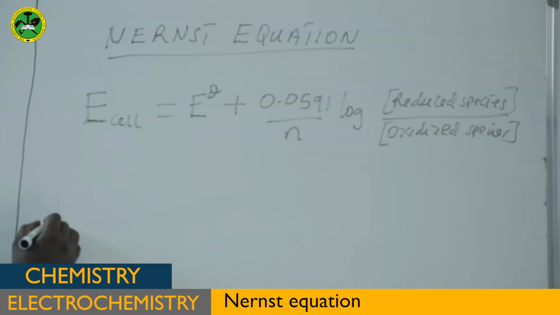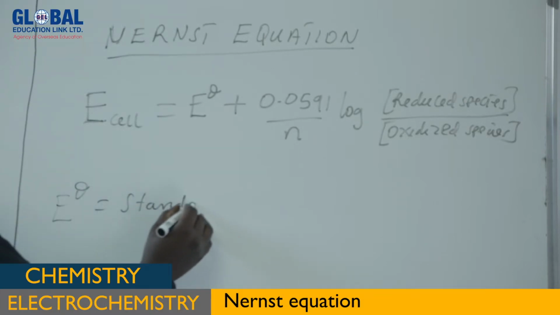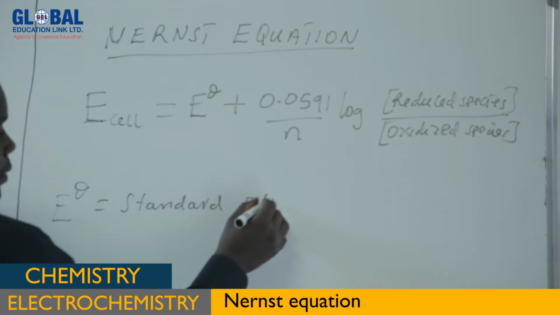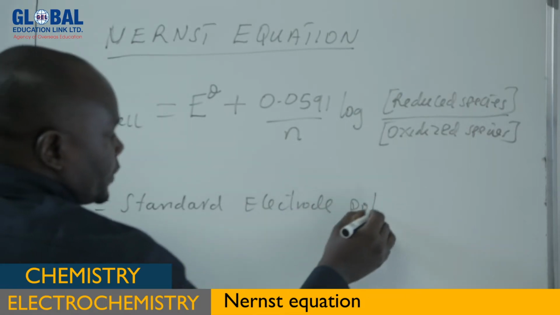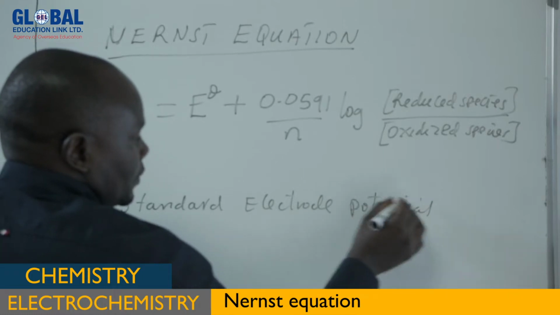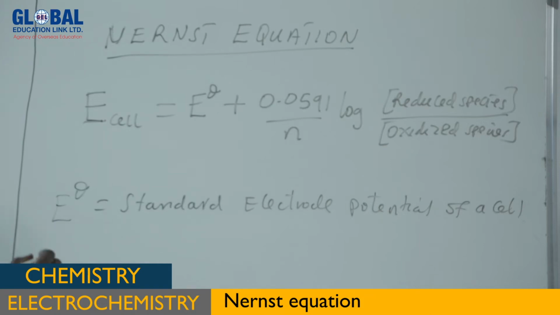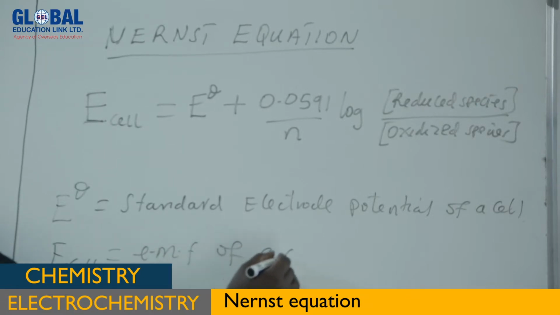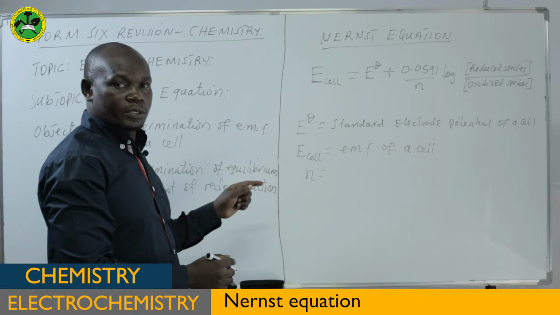Here E° is known as the standard electrode potential of a cell, E cell stands for the EMF of a cell, and n represents the total number of electrons in a balanced redox equation.